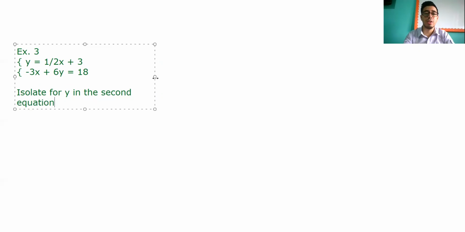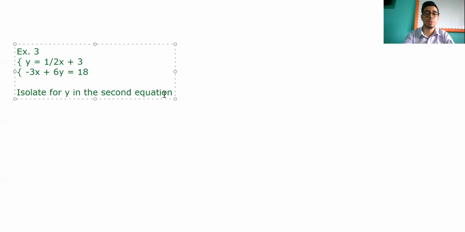We need to find the value like in the first one. So if we have negative 3x plus 6y equal 18. Okay, in the book they graph directly, but I'm going to show you why it's the same equation, okay? So negative 3x is subtracting, you pass it to the other side too.